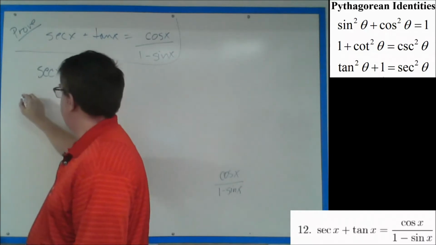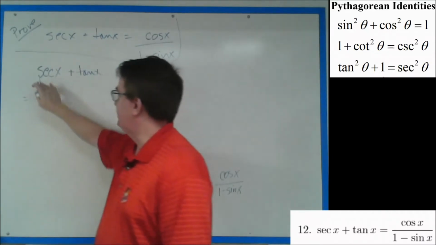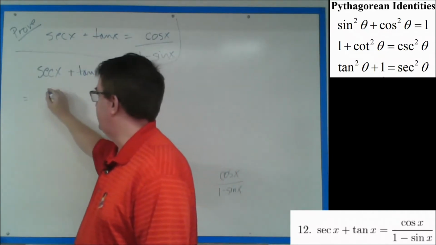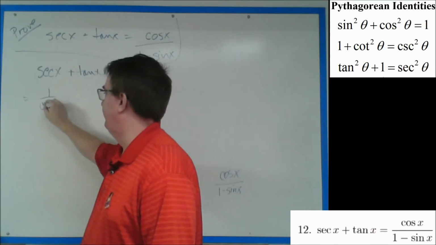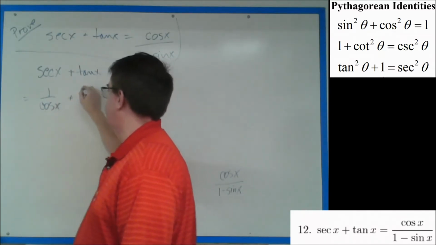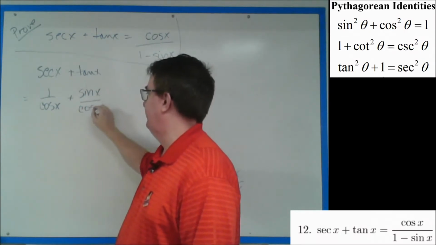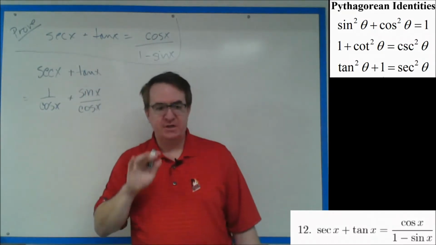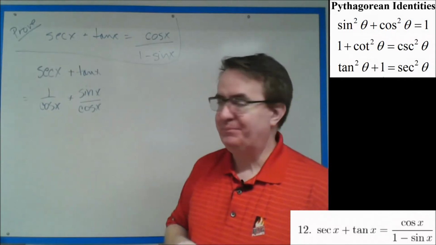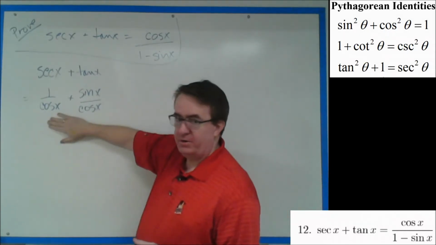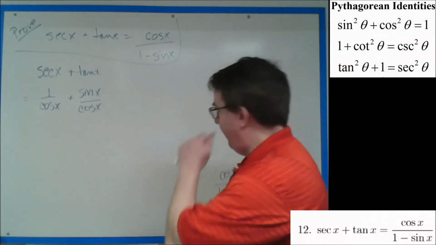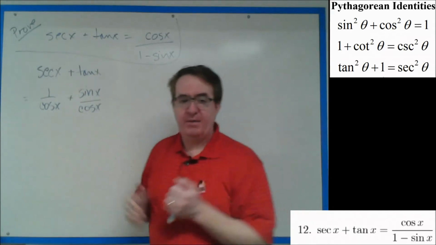So secant x plus tangent of x is the same thing as 1 over cosine x plus sine x over cosine x. Those things should be things that you know in the back of your head, okay? From there, you're like, huh, I don't even have to find a common denominator.